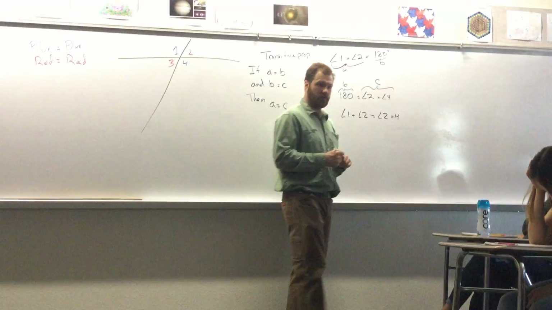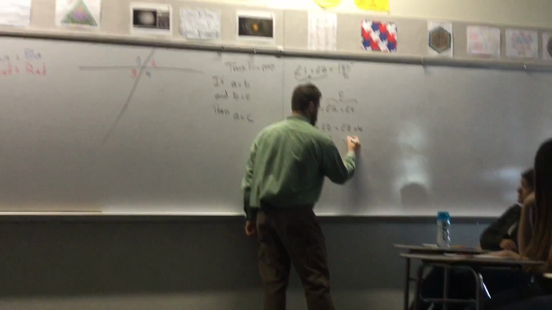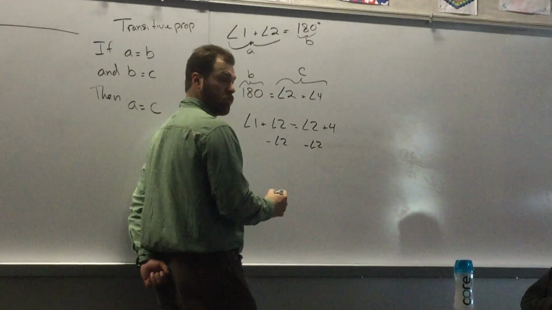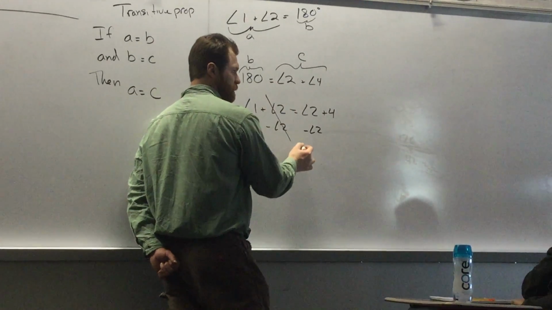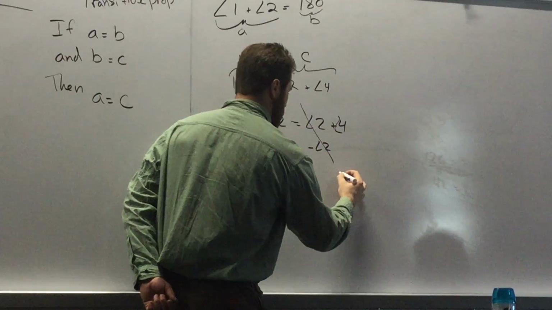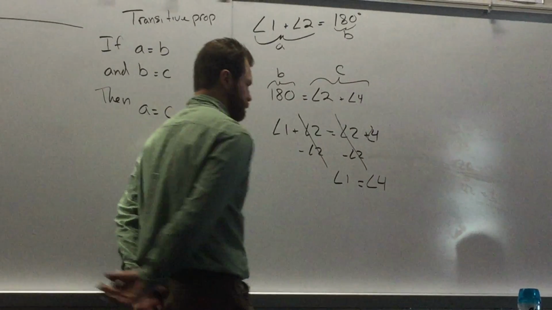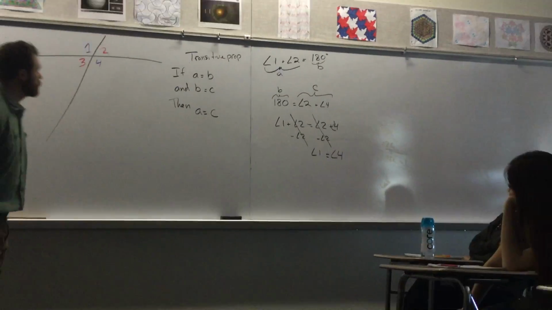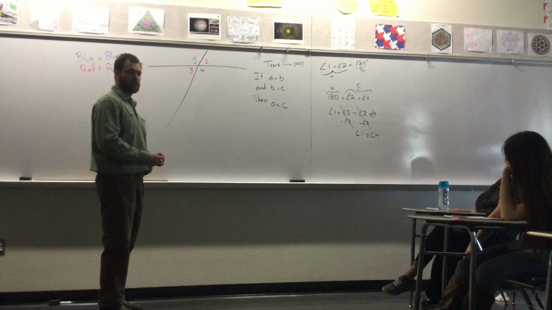So let's get rid of it. Yeah, we're going to minus an angle 2. Okay? An angle 2 minus an angle 2, that goes to a 0. This also goes to a 0. Now I just have angle 4 is equal to angle 1. Right? Ta-da! That's what I was trying to show.